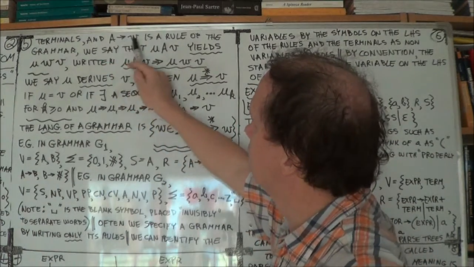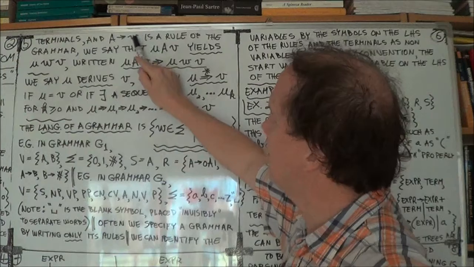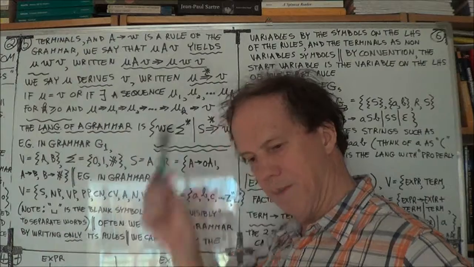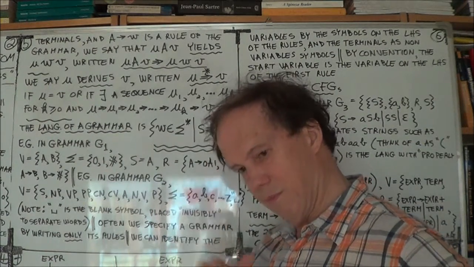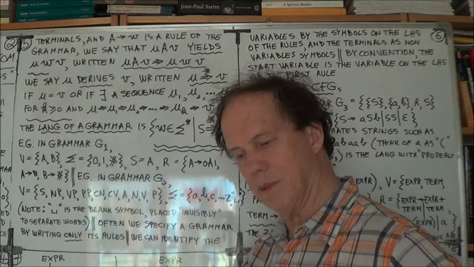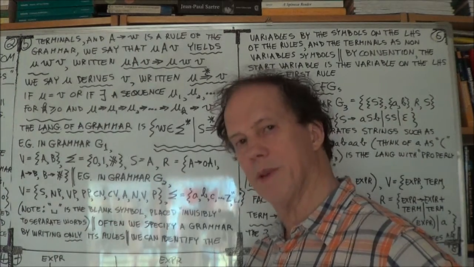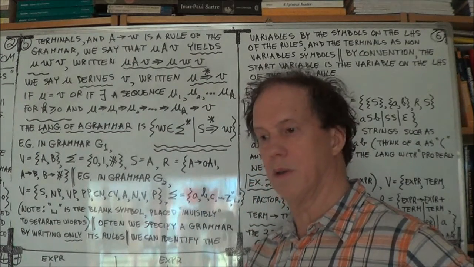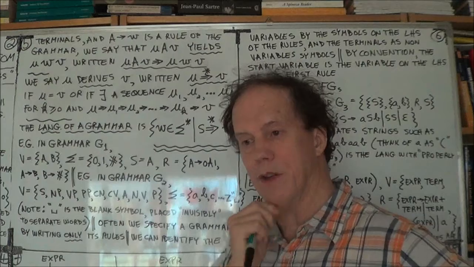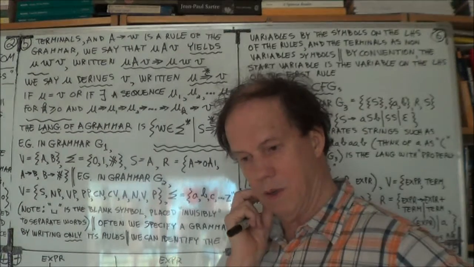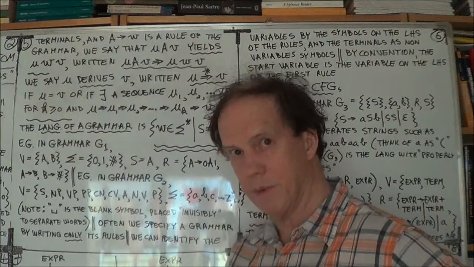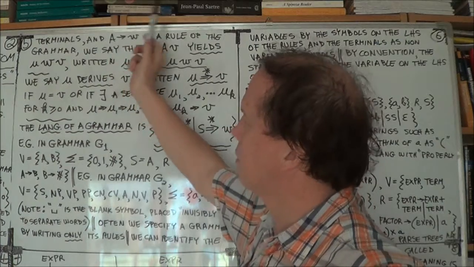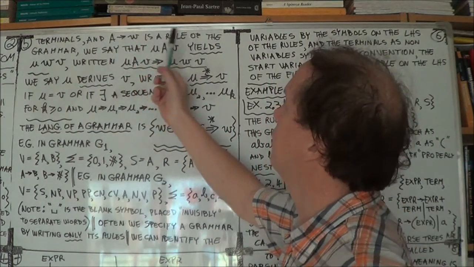So say you've got a substitution rule A arrow W. W could be a string of terminals, a mixed string of terminals and variables, or a string of only variables. That's one of the substitution rules of your grammar.